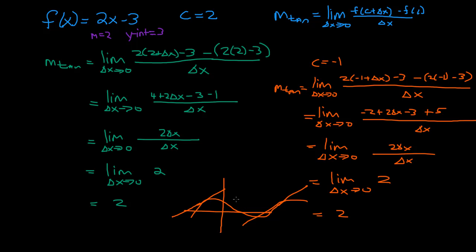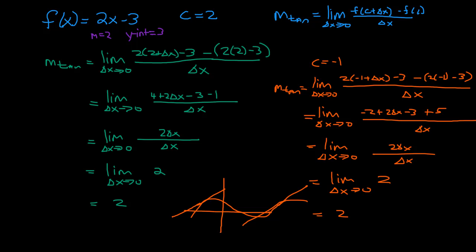But you will have slopes repeat if you have some sort of periodic behavior, or just depending on what your function is. But because we have a linear function, the slope is the same at all values of c, which remember, c values are x values. Just like when we were dealing with limits, c is a specific x value, and same thing here with derivatives.